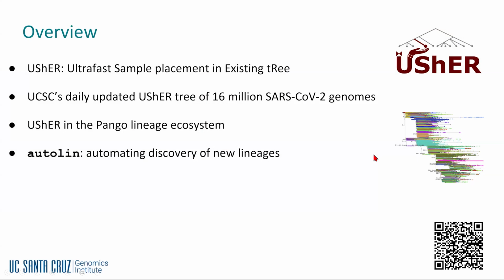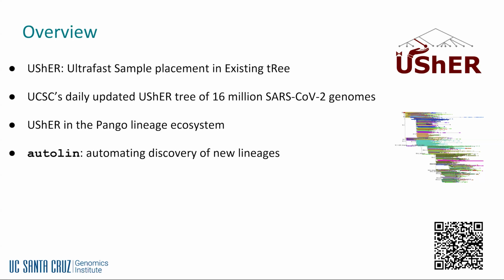Well, thank you to the organizers for inviting me to speak on behalf of UShER and autolin and how they can be useful for finding new lineages. All right. So first I'll introduce our tool UShER. It stands for Ultra-Fast Sample Placement in Existing Tree.